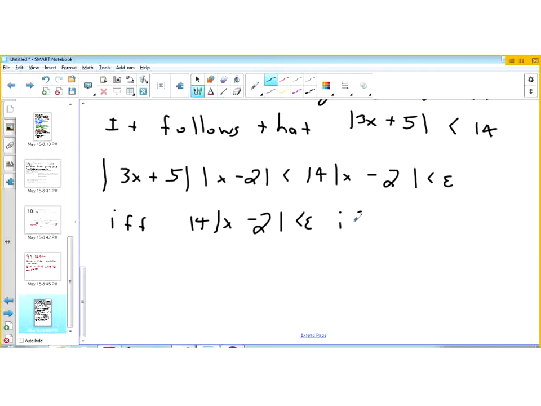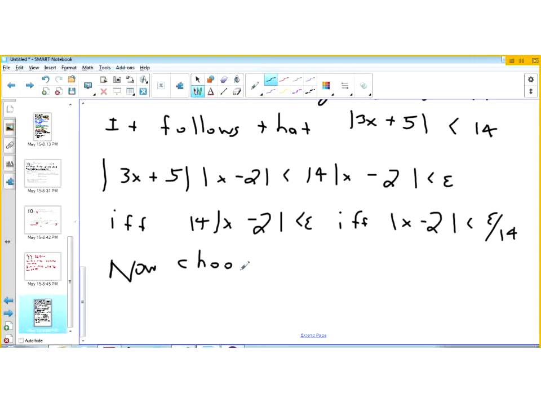And this is true if and only if 14 times the absolute value of x minus 2 is less than epsilon. And this is true if and only if the absolute value of x minus 2 is less than epsilon over 14.